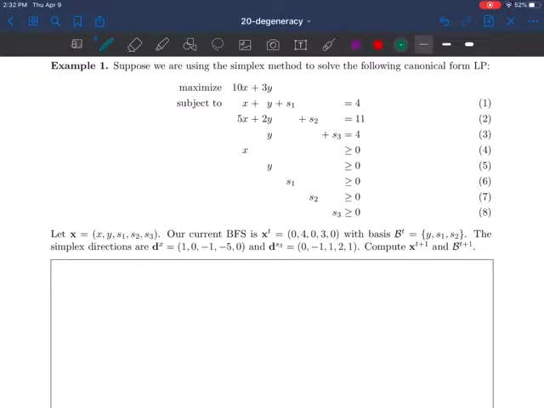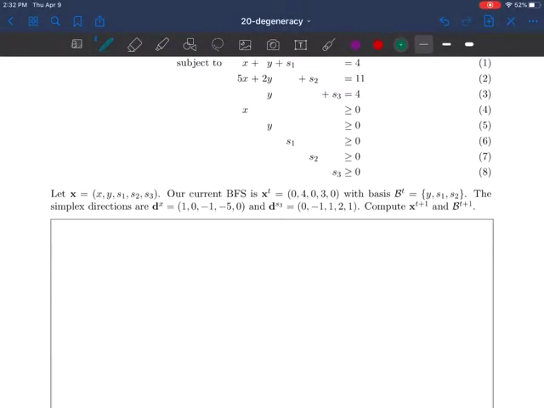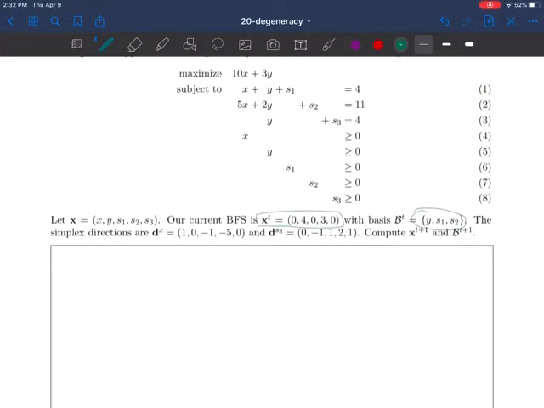It's a max problem, similar to the ones we've been looking at. This is really similar to 8.1, I guess, because we have the three equality constraints with slack variables. And you can see that we have a basic feasible solution given here, 0 4 0 3 0, with the following basis: y, s1, s2.